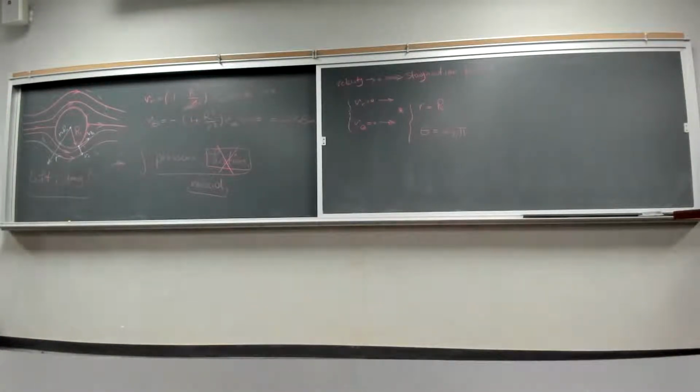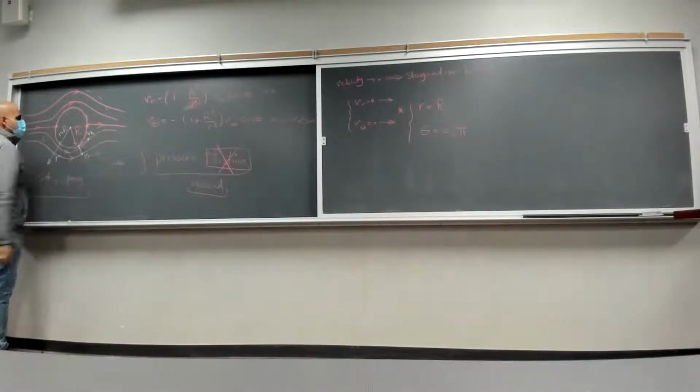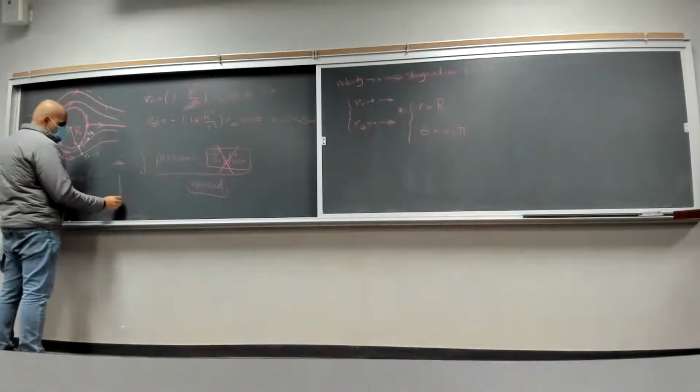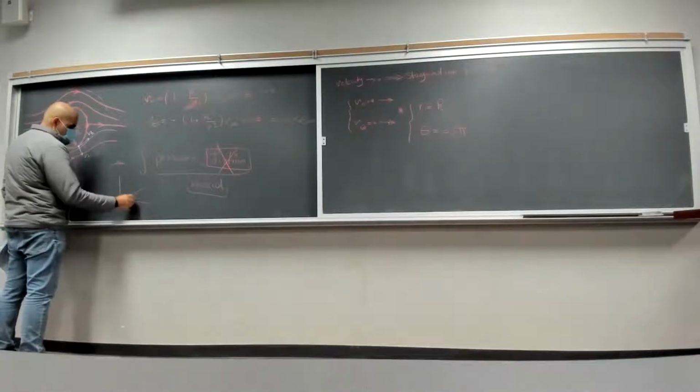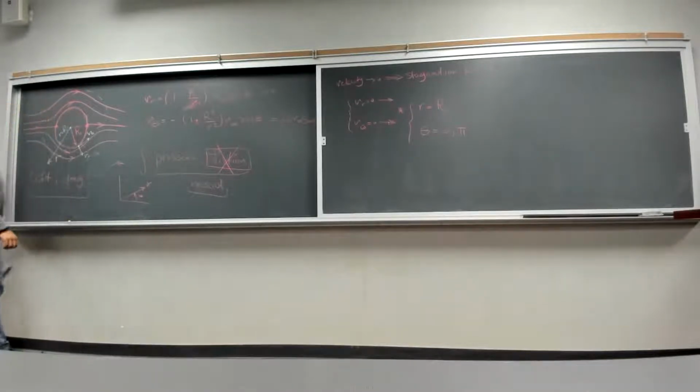One is going to be at this location, and the other one is going to be at this location. And in general, when you're dealing with flows over cylinders, this is going to be your sign convention. This is going to be positive theta, and this is going to be positive R. So we start from 0 here, then rotate to pi over here.